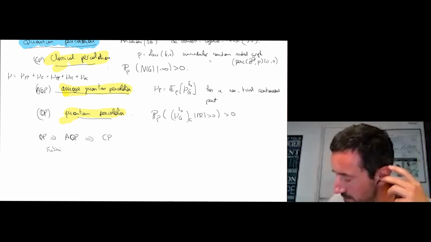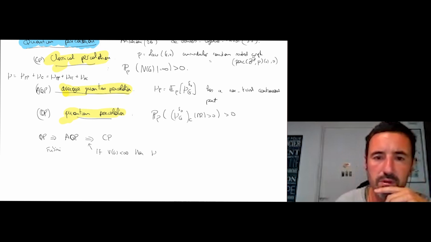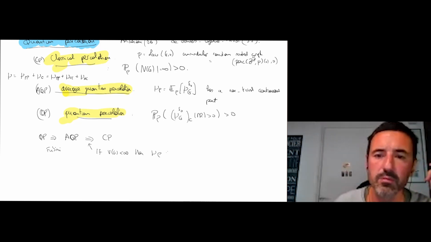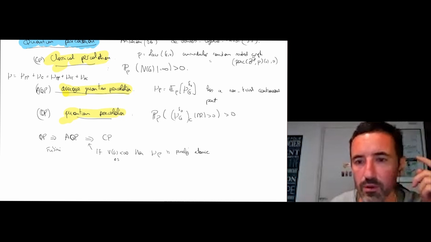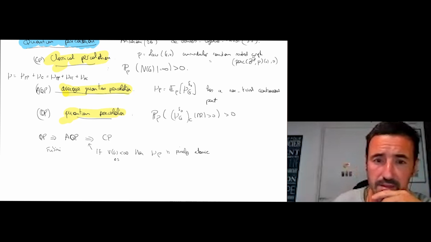if V of G is finite, then mu of G, which we call mu rho, is pure point, it's purely atomic, almost surely. So then mu rho will be purely atomic, and so mu of G, the spectral measure at G, is purely atomic.